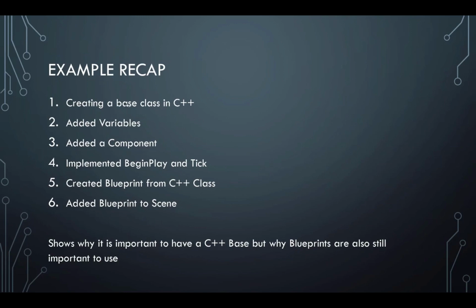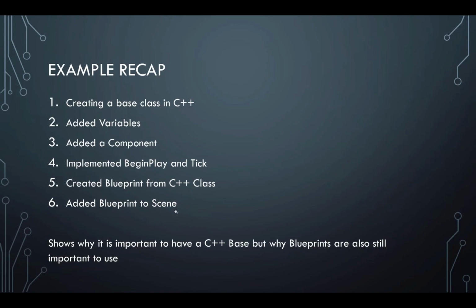We started by creating a base class in C++, or we started actually by creating the whole blueprint version. But based on that, we created the base class in C++, added the variables, added the component, implemented begin play and tick, and created a blueprint there from the C++ class, added it to the scene, and it kind of worked.